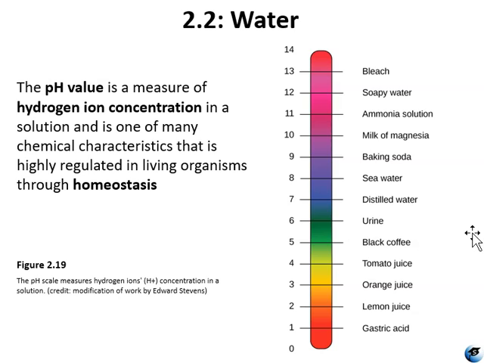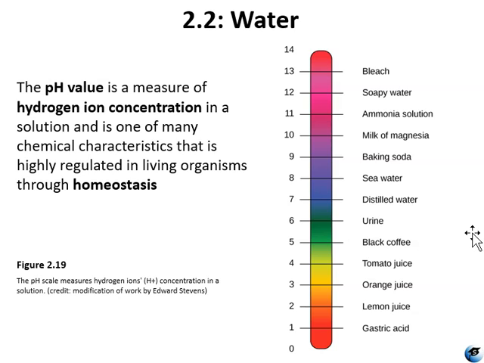Water can have a variable amount of free hydrogen ions. And this is due to the nature of hydrogen bonding, right? Remember, in liquid water, the hydrogen bonds are constantly breaking and forming. So the measure of this variability of hydrogen ions is referred to as the pH value.